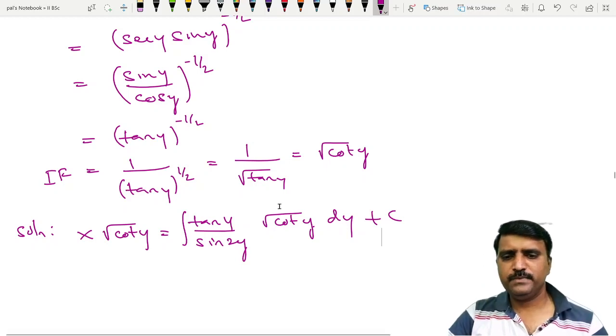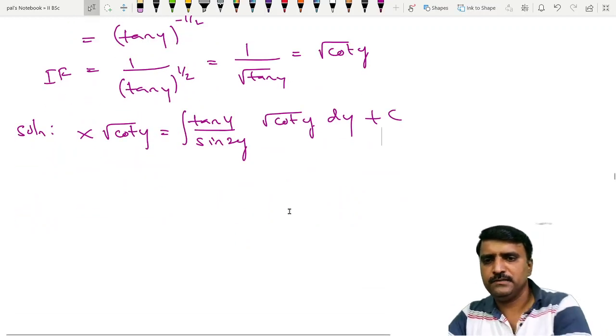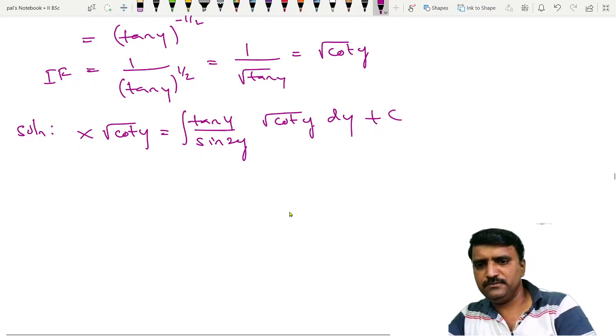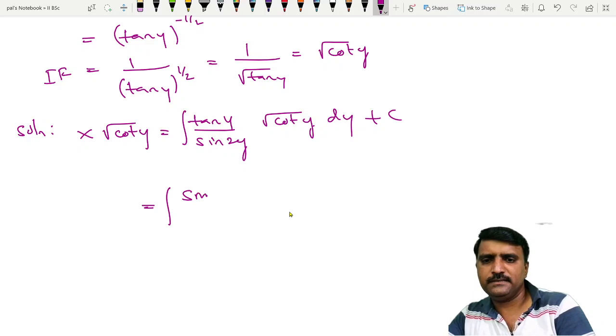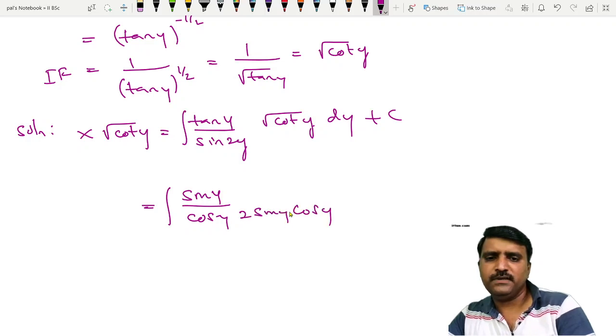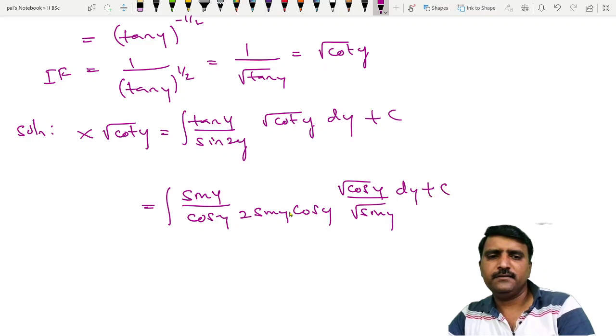So the next step is the simplification, which is equal to the integration of tan y, which can be written as sin y by cos y. Sin 2y can be written as 2 sin y cos y. Square root of cot y can be written as square root of cos y by square root of sin y, into dy plus c.